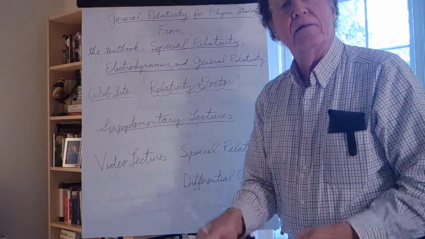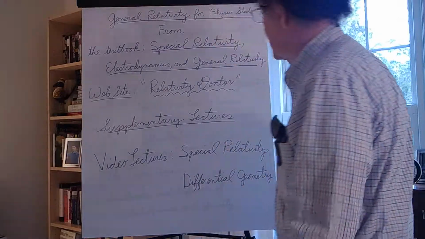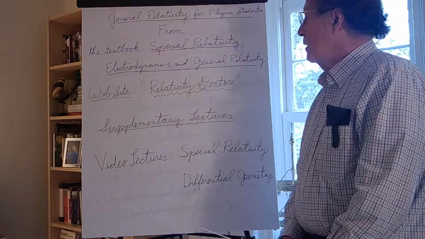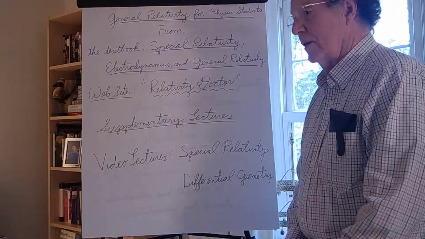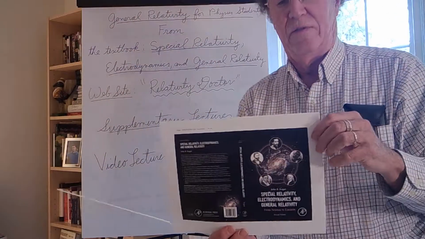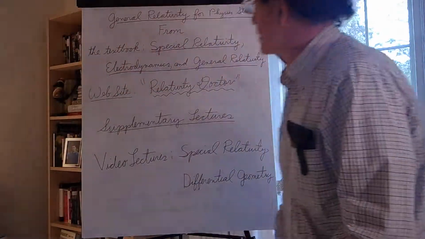It's a lengthy set of lecture notes, 165 pages or so, with figures, and it's really meant to help you learn the material. Naturally, of course, the book itself, chapters 11 and 12, cover the introduction to general relativity that we'll be doing here.